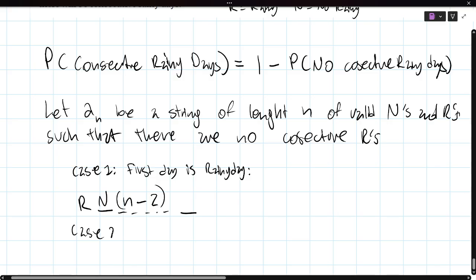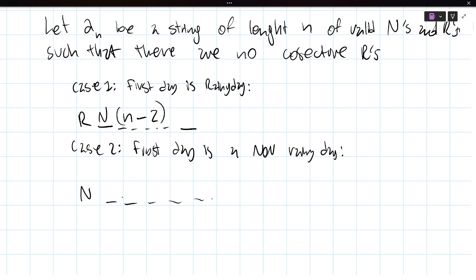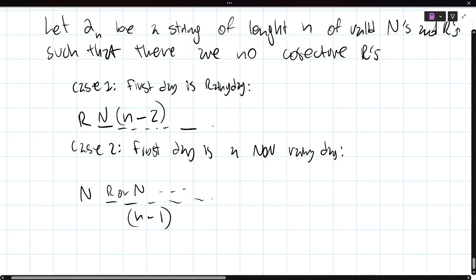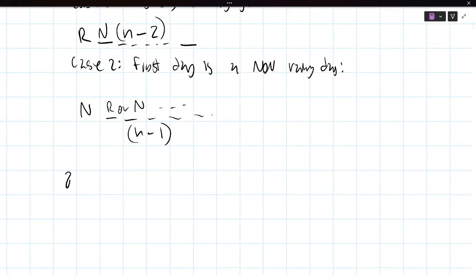And my case 2, which is that my first day is a non-rainy day. So I have N, and whatever's after can be R or N, so I have n minus 1 spaces left where I can put another valid sequence. So essentially, I know I'm explaining this awfully, a_n is equal to a_(n-1) plus a_(n-2).